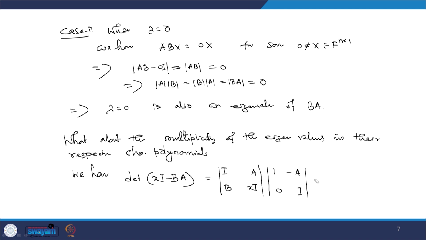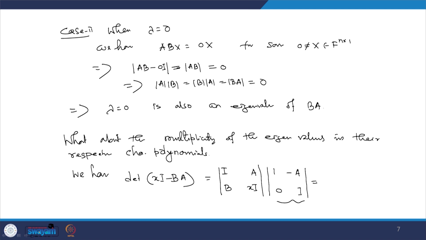So, you see this determinant of xI minus BA can be written as the determinant of the product of the matrices [I, A; 0, I] and [xI, A; B, I] and again [I, 0; -B, xI]. The determinant of the first triangular matrix is 1, so taking the determinant of this first type of triangular matrix will not change the original determinant of xI minus BA. So, without loss of generality one can write the determinant of xI minus BA equal to this quantity.